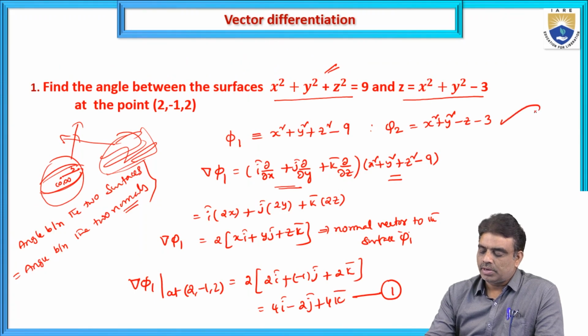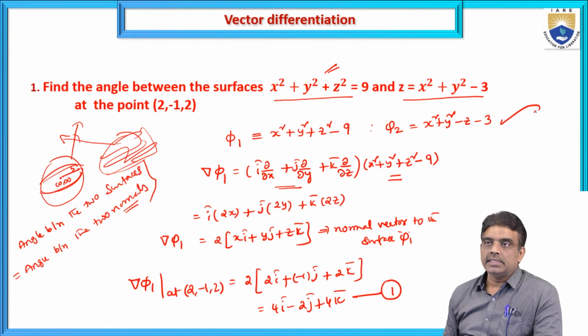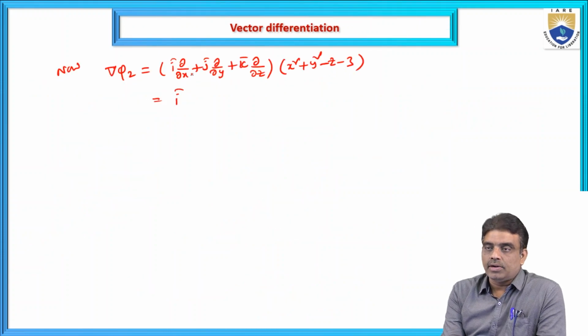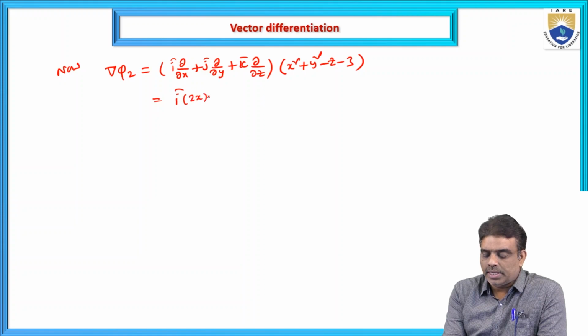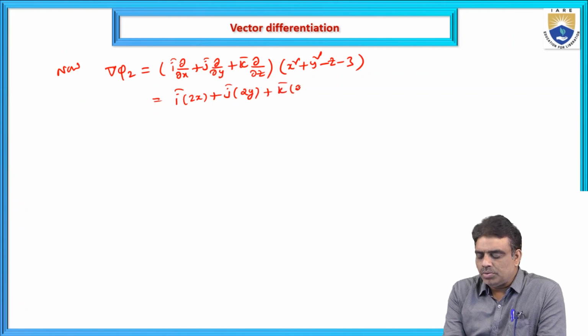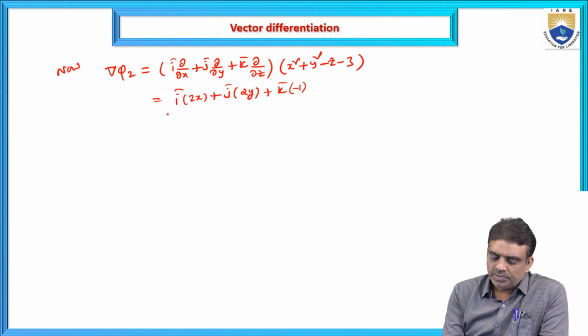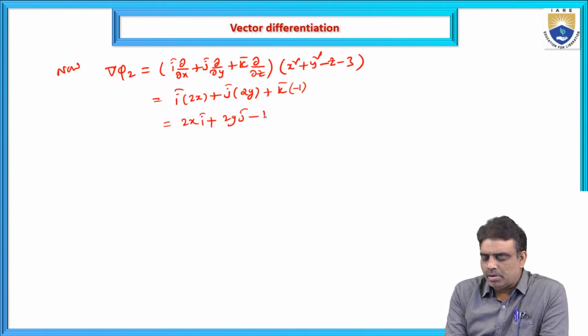On operating, dou by dou x of this entire thing is 2x i bar, plus j bar into dou by dou y of this entire thing, 2y, plus k bar into dou by dou z of this entire thing, which is only minus 1. So remaining all are zeros. Then it is 2x i bar plus 2y j bar minus k bar.